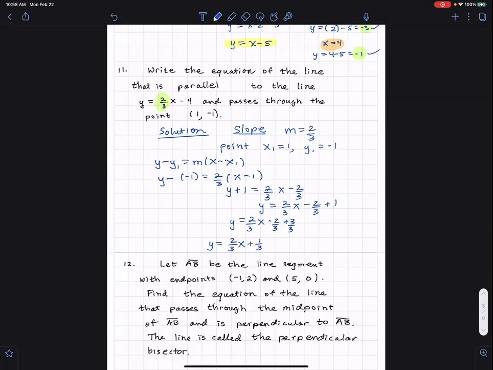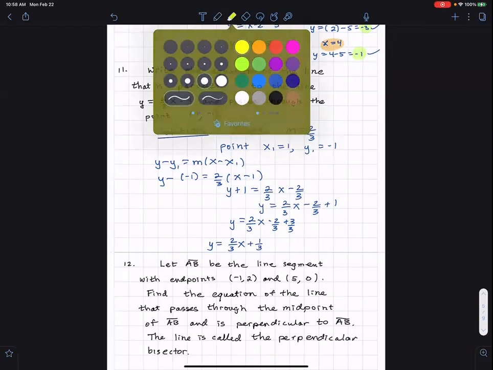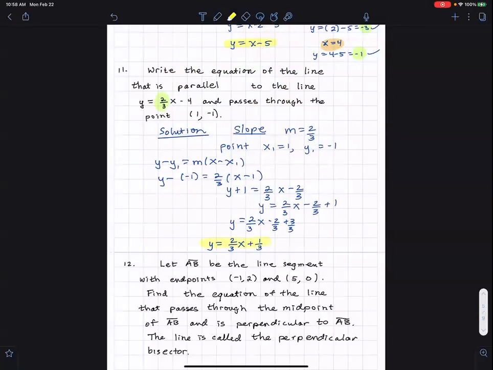Y equals 2/3 x plus 1/3. Well, they're certainly parallel because they have the same slope. And then you can double check, if I put x is 1.